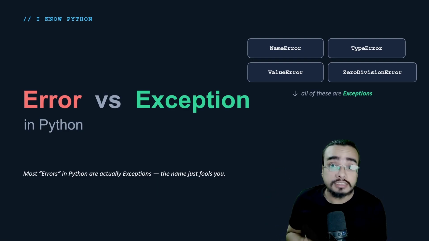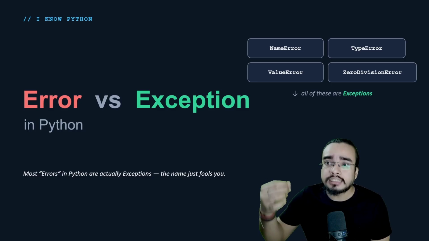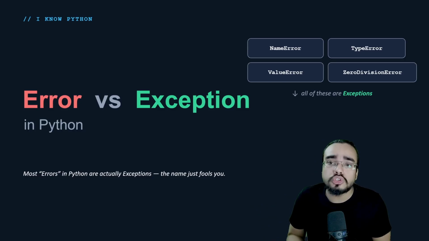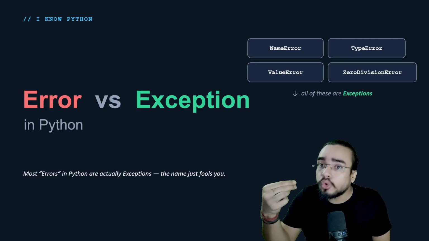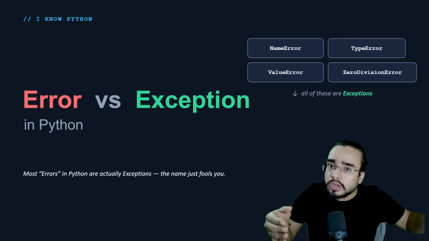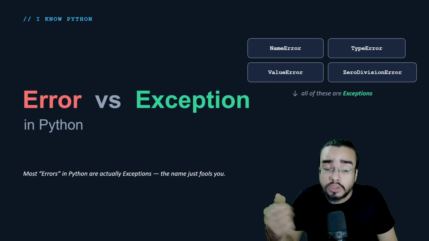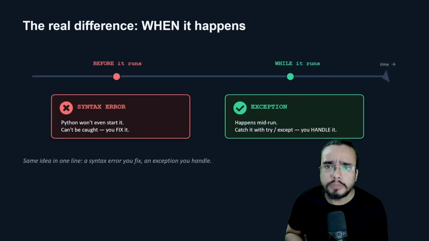The real difference comes down to just one question: when does the problem happen? A syntax error happens before your code runs. An exception happens while your code runs. Let me explain that, because this is the whole concept. Before Python runs your program, it reads through your code to check that it makes sense, since it's a language.